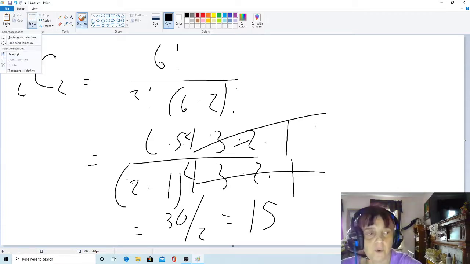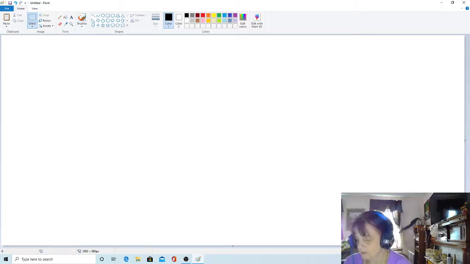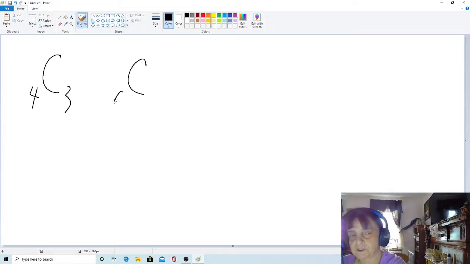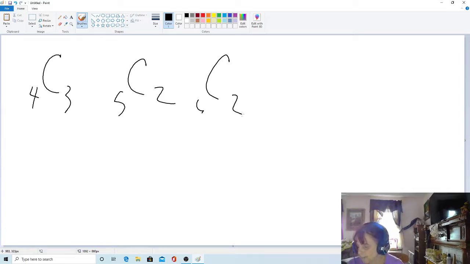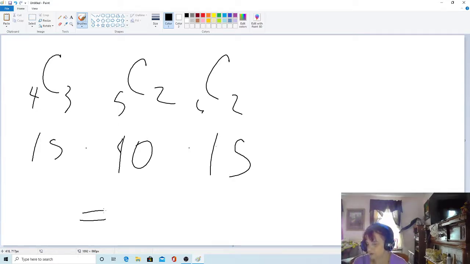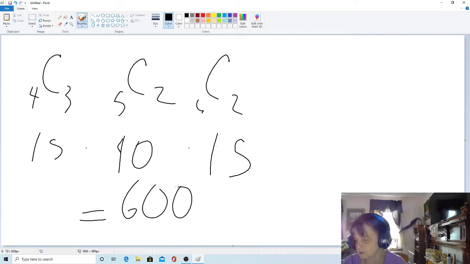So now we have 4C3 times 5C2 times 6C2, which is 4 times 10 times 15. And you multiply those together and you get 600. So there's 600 different ways General Mills can market those cereals.